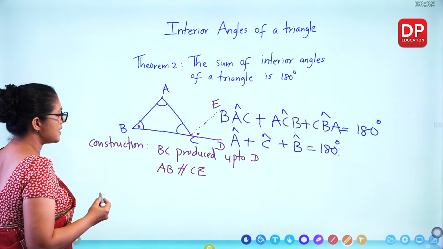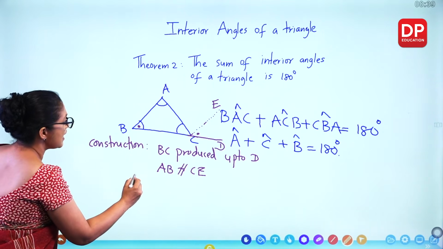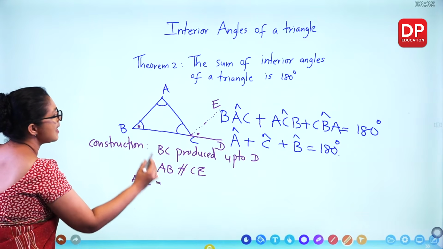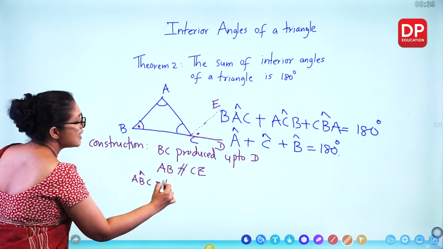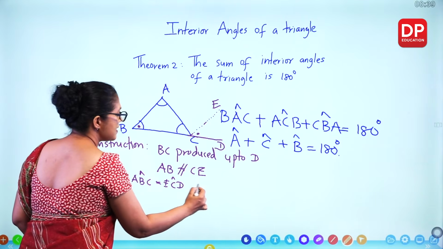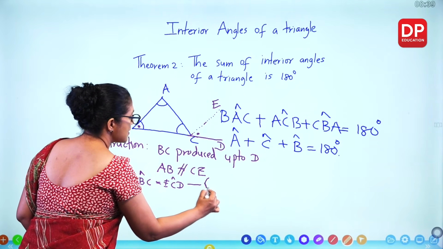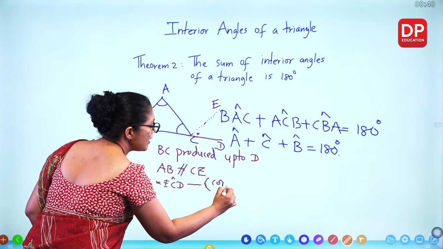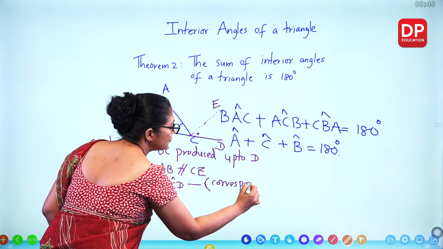So I can write ABC angle is same as ECD angle. What's the reason? These are corresponding angles.